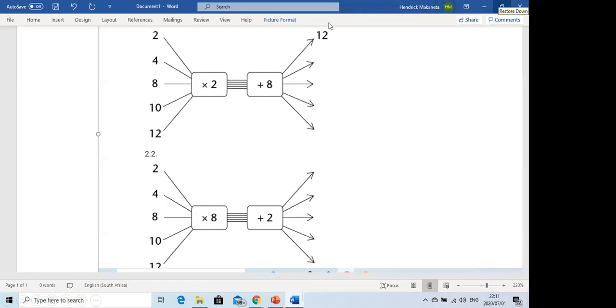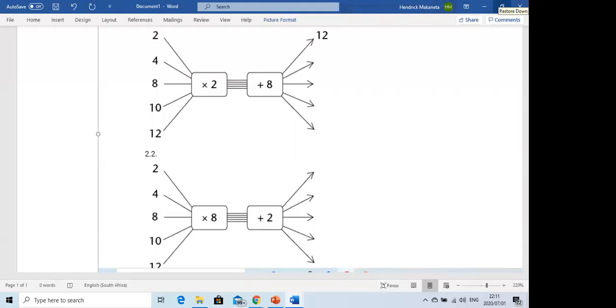So this 12 is a product of a process starting with the input value of 2, and then you multiply that value by the 2. You can see we have the rule. So in any flow diagram, you will always have the input values as well as the rule.